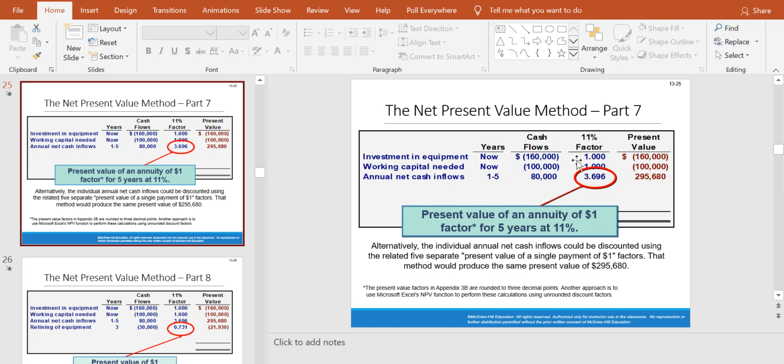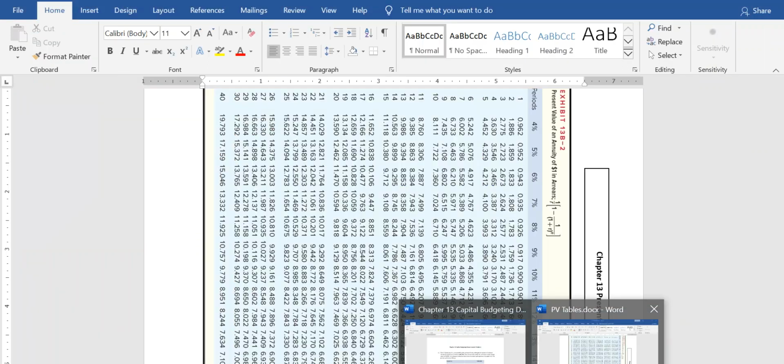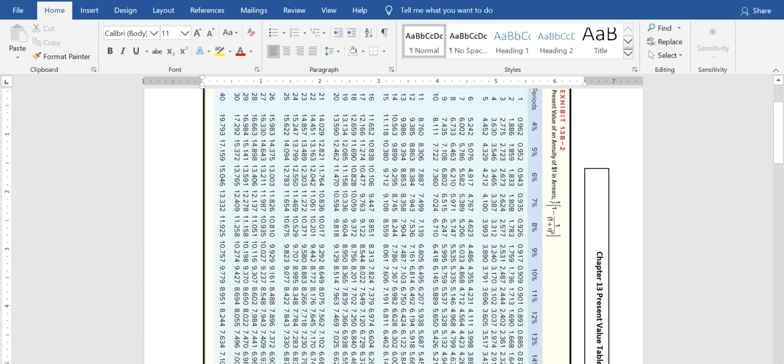Well, here's where they get that factor. We go to this present value, not future value, I apologize, present value table. We look down the side here for 5 periods. The number of periods is 5, and go across the top to the 11% right here, and the number right here, 3.696. That is the present value factor of those cash flows.